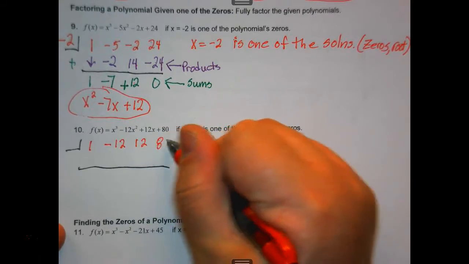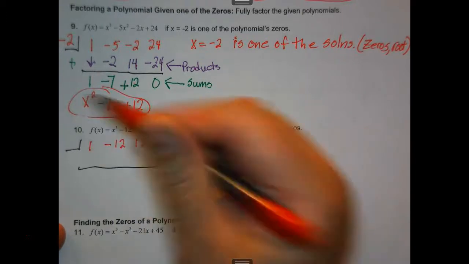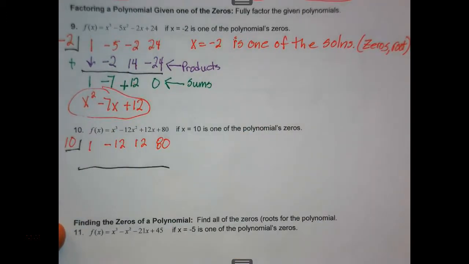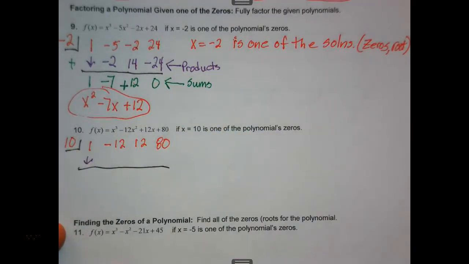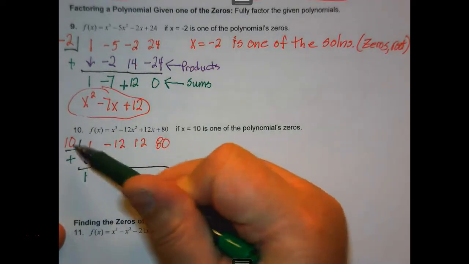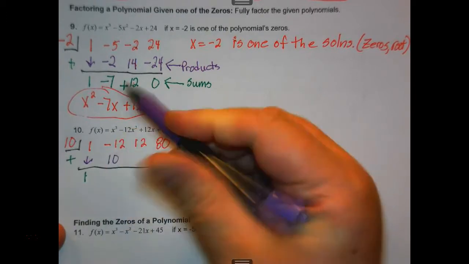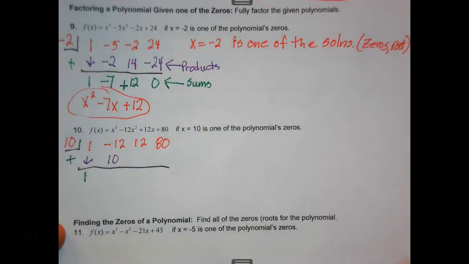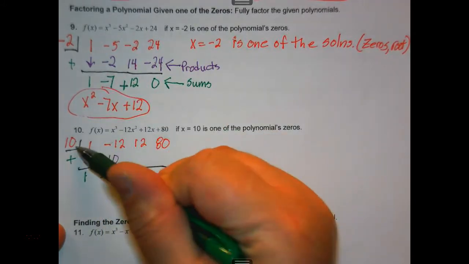And our constant. And what's our divisor? X equal 10. Bring down the 1. 1 times 10. Yep, -12 plus 10, -2. -2 times 10.